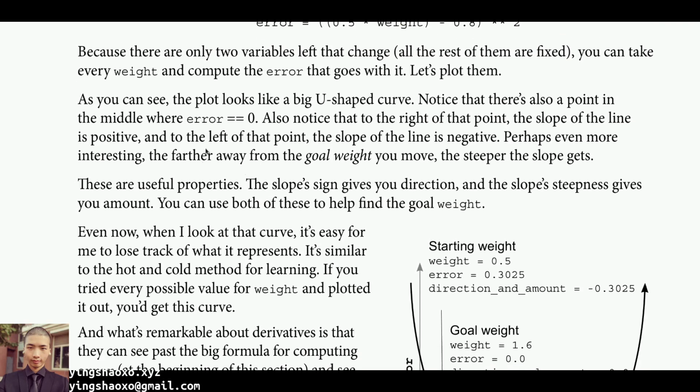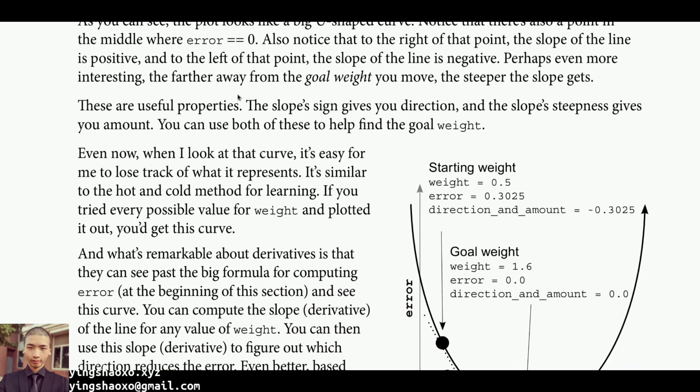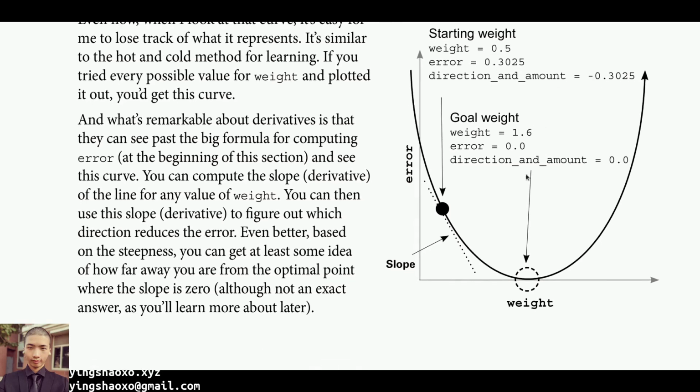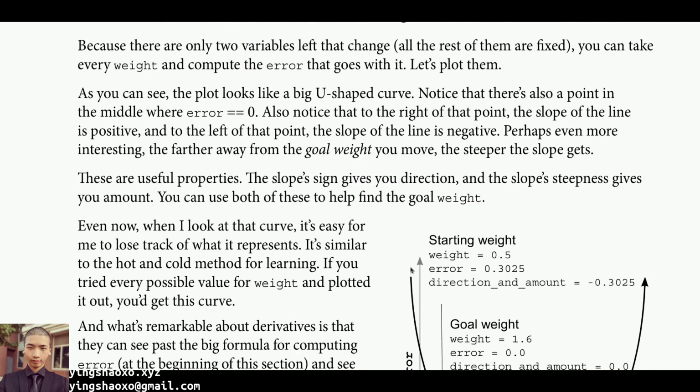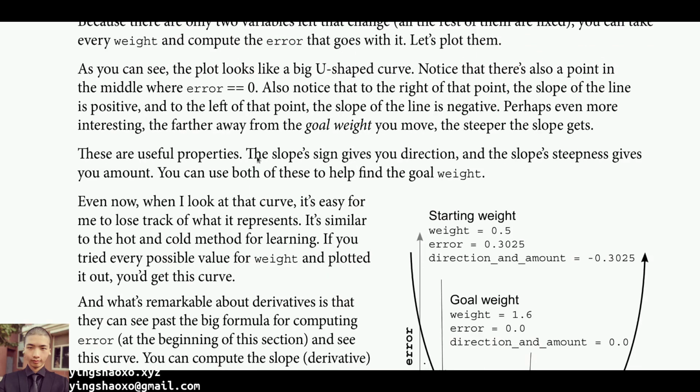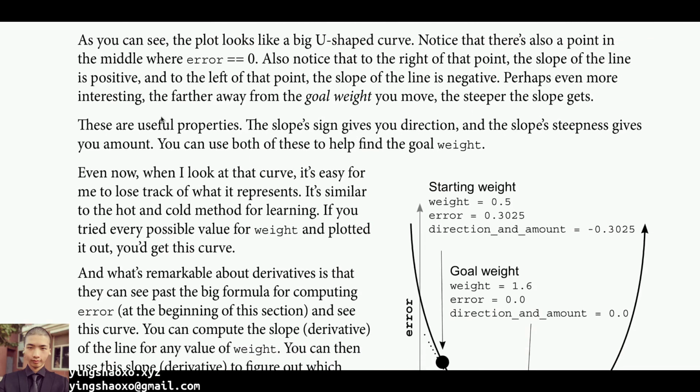Perhaps even more interesting, the further away from the goal weight you move, the steeper the slope gets. Yes, of course. The farther away from the center point of this weight, the steeper the slope.